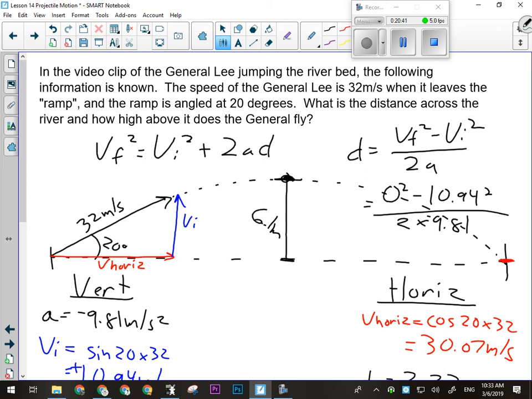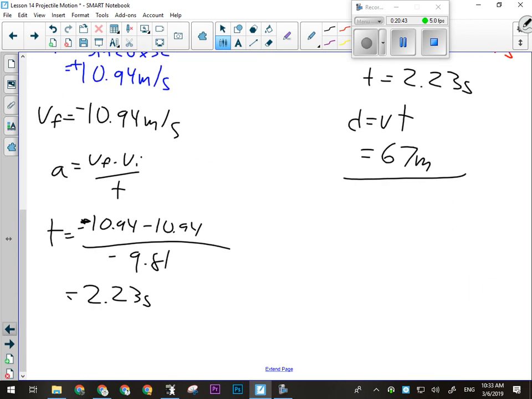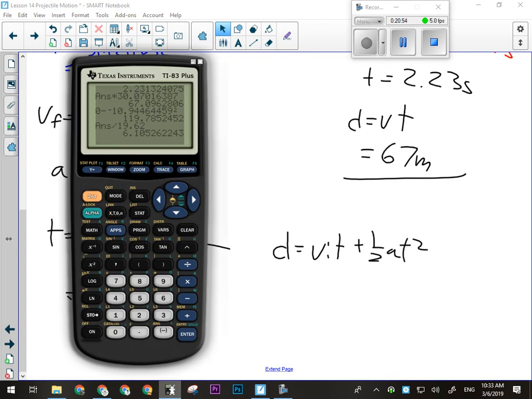Now if I did this the other way, the other way I was telling you, you could use this, d equals vi times t plus 1/2 at squared. I should get the same answer. I would just go 10.94 times, I'm just going to go 1.115.